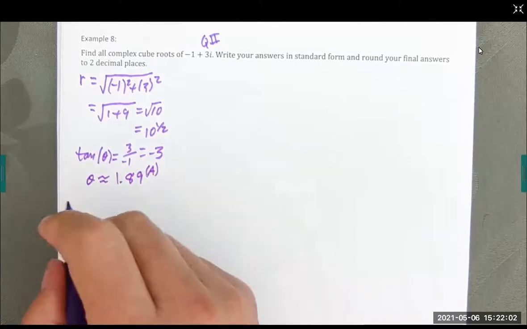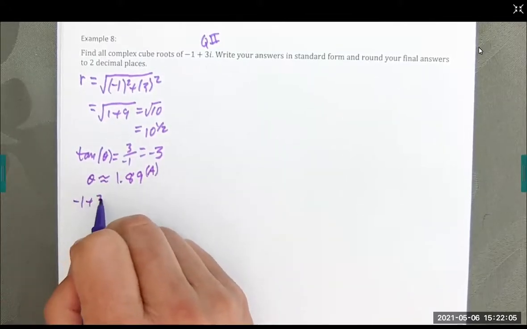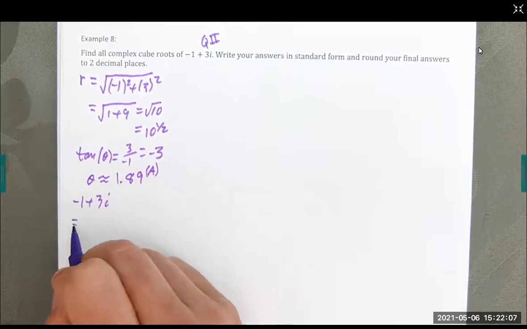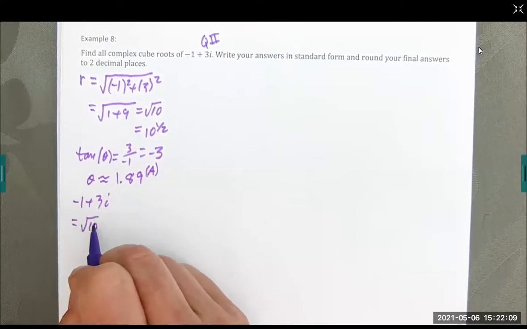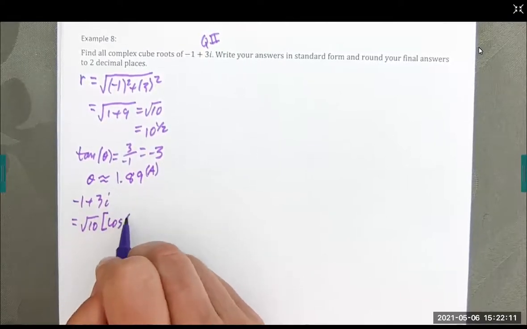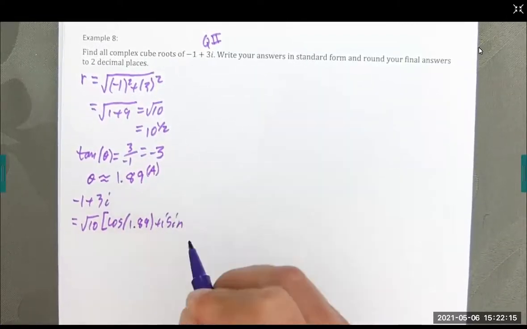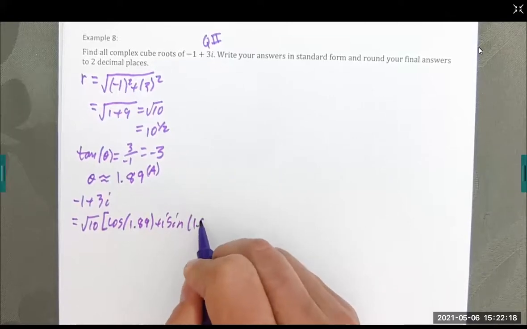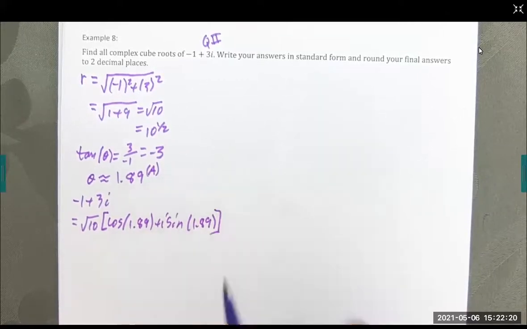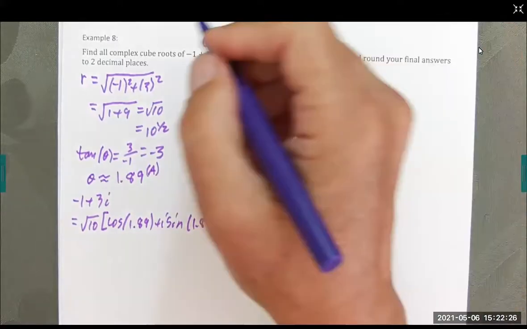So we now have that -1 plus 3i is root 10 cosine of 1.89 plus i sine of 1.89. And keeping in mind, n now is 3.